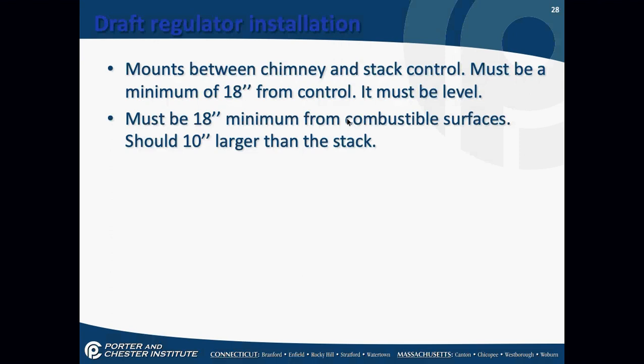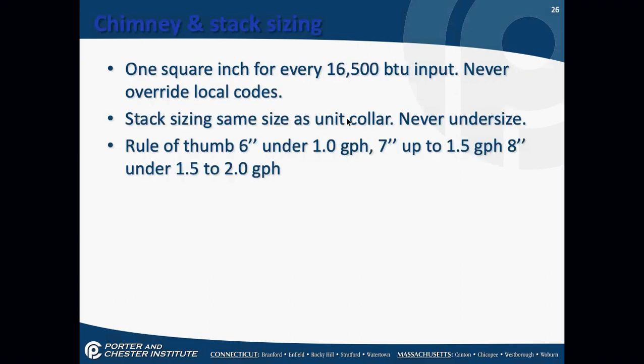Okay, so how big should a chimney be? How big should the stack be? Anybody? How big? Minimum of 18 inches from control. It doesn't say it on this slide. It's the last slide. How big should a stack be? 1 square inch for every 16,500 BTUs input.